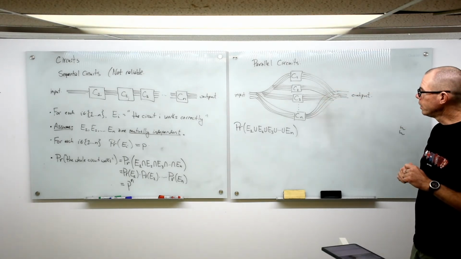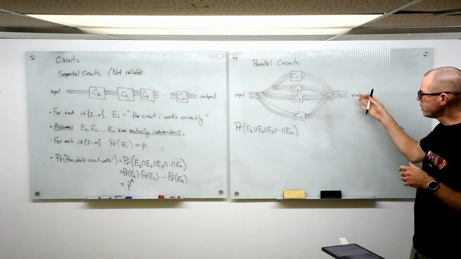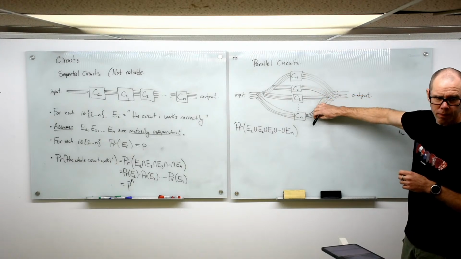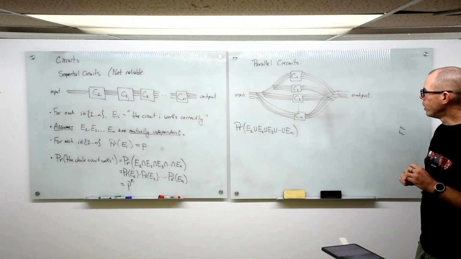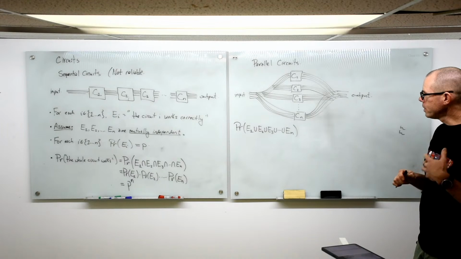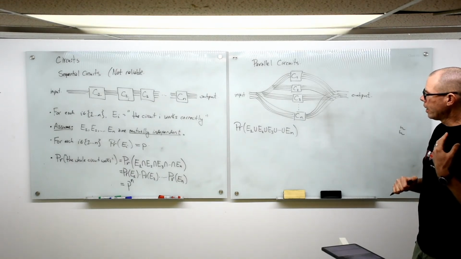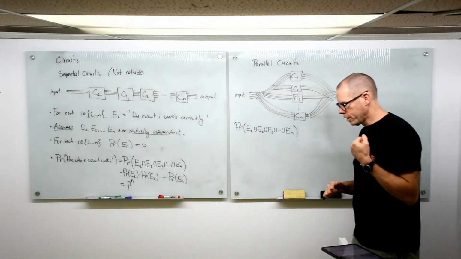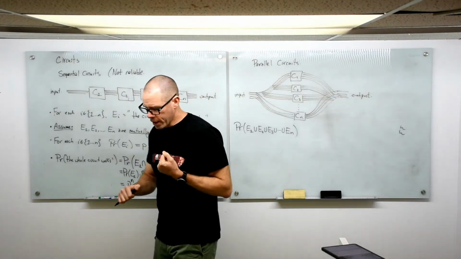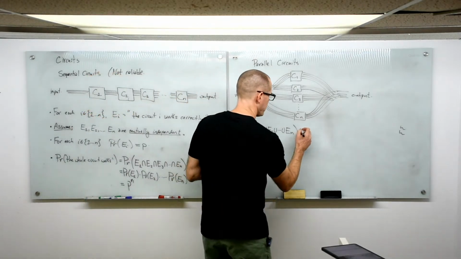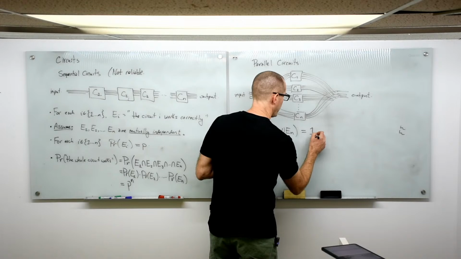The only time the whole circuit doesn't work is when all of these fail. That's the complementary event, and if we can compute its probability, then we're good, because the complement rule says we take 1 minus that.